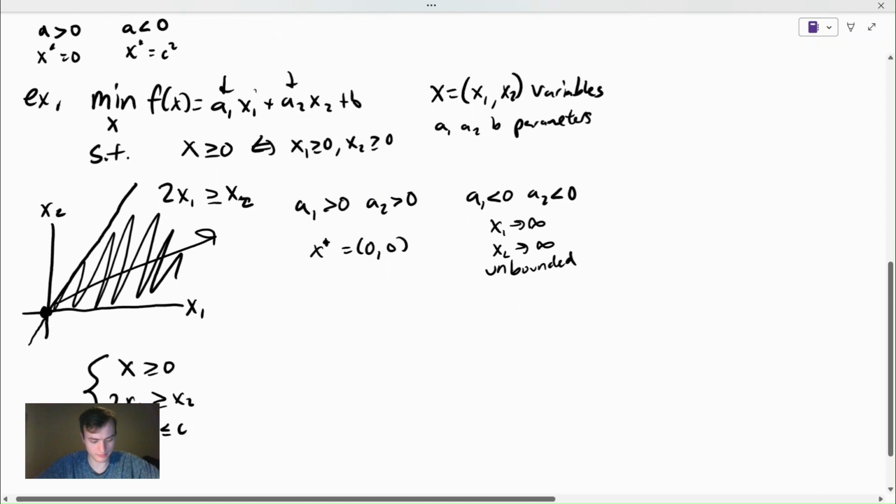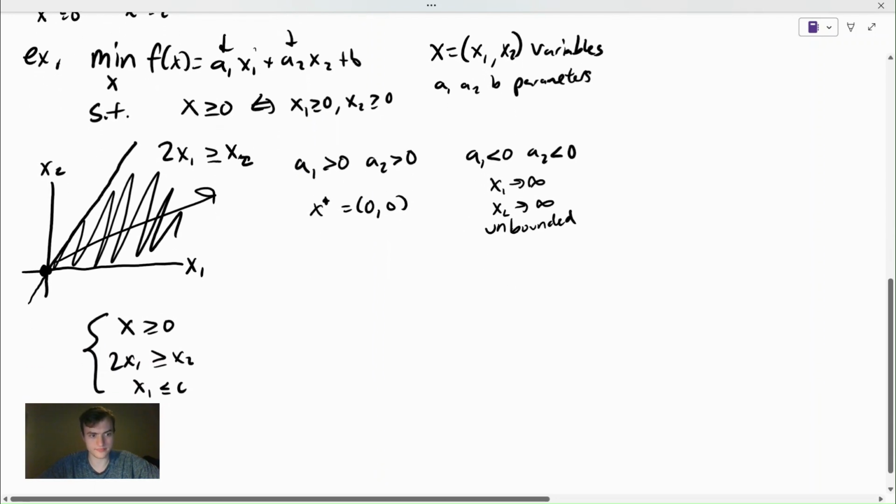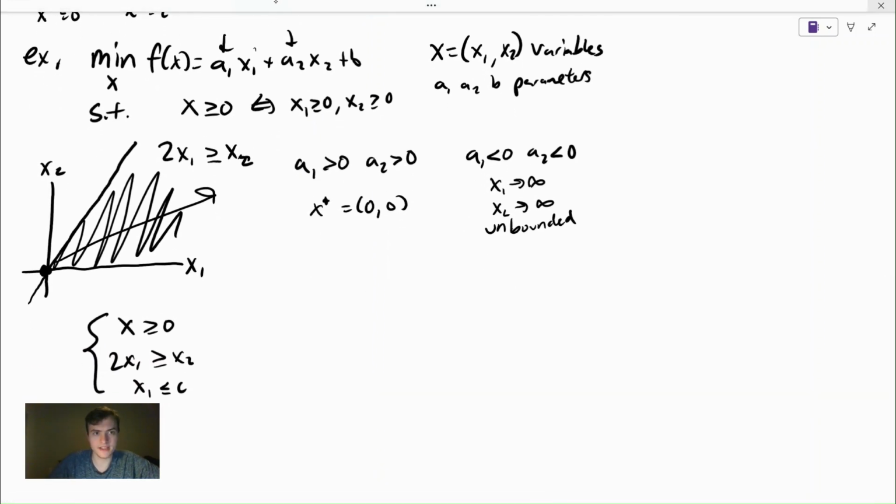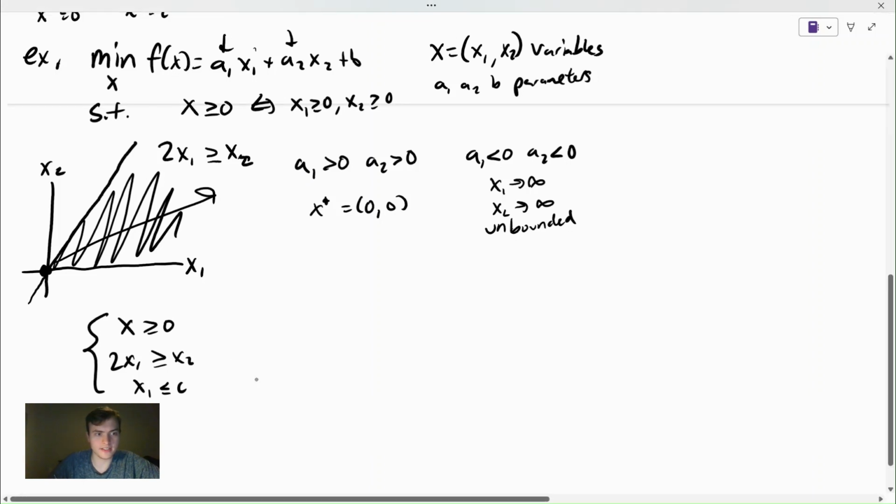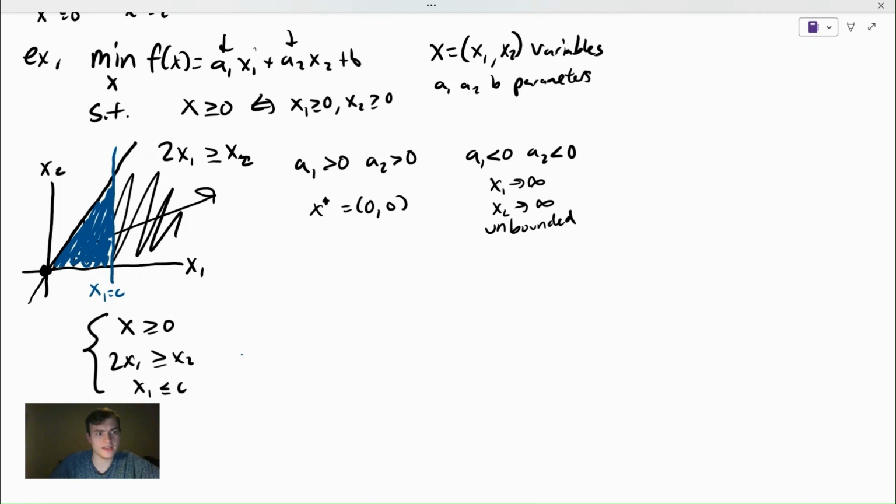And we'll keep the same objective function. So basically, I'm just adding a straight line to make our region bounded. So x1 equals c is this line, and now we have to be less than that line. So this blue region is now our feasible region, and it's clearly bounded.